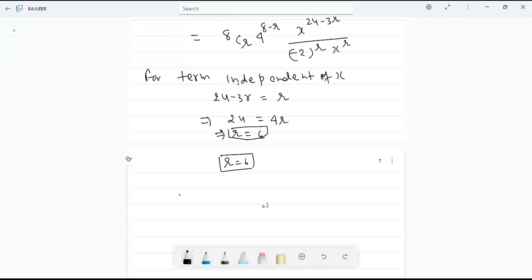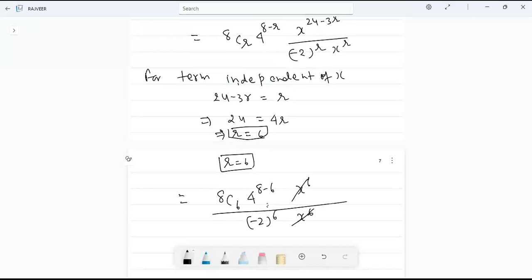Now, just put the value of r. We will get 8CR, r is 6. 4 to the power 8 minus r, that is 8 minus 6, and x to the power 24 minus 3 times 6, that is 18, so x to the power 6, divided by minus 2 to the power r, r is 6, into x to the power 6. This got cancelled out.